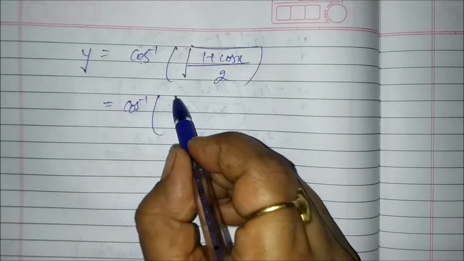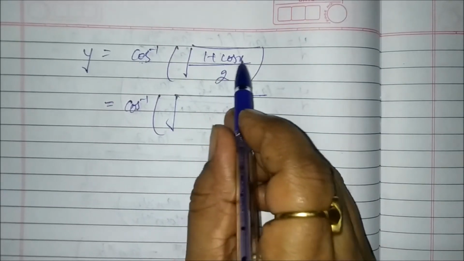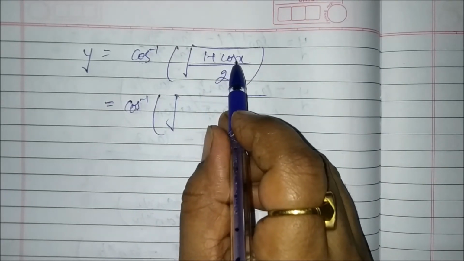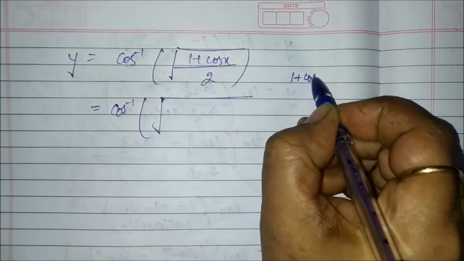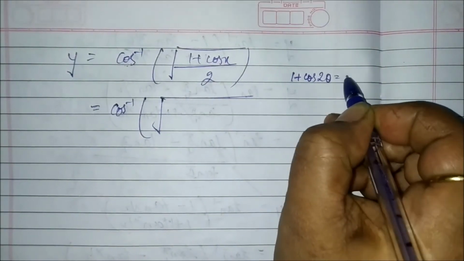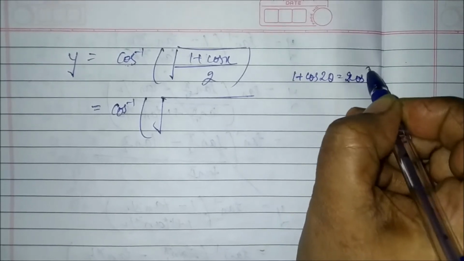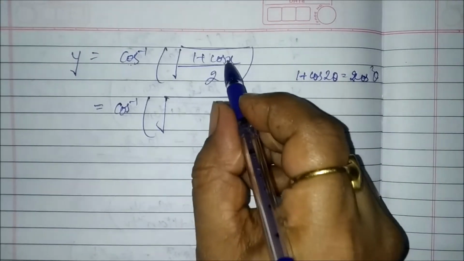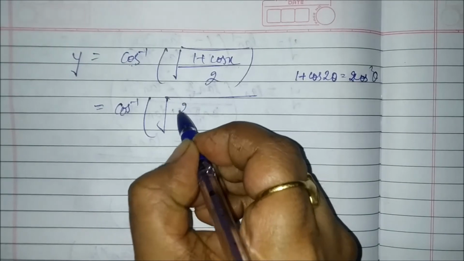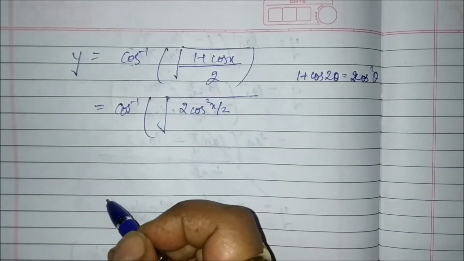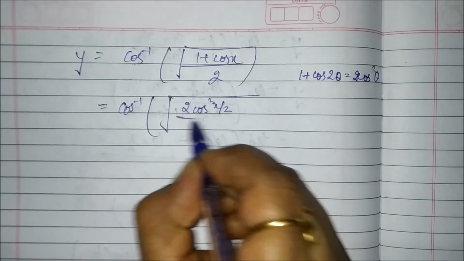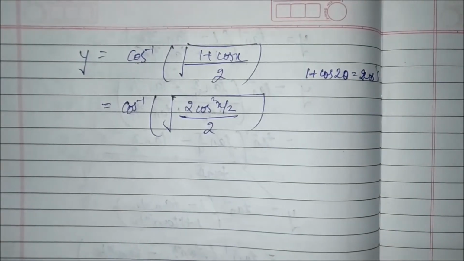Now see, this is like 1 plus cos 2 theta. 1 plus cos 2 theta is equal to 2 cos square theta. So here we can write it as 2 cos square x by 2 upon 2.